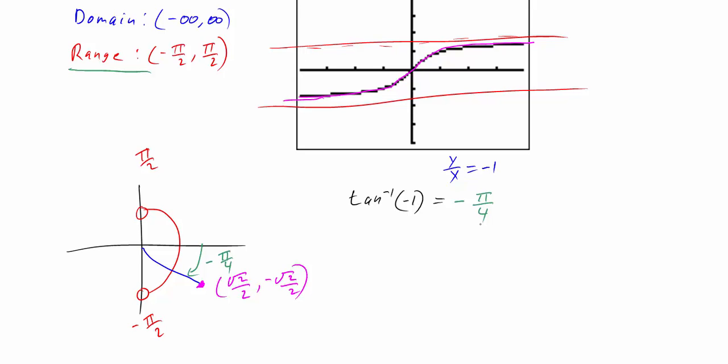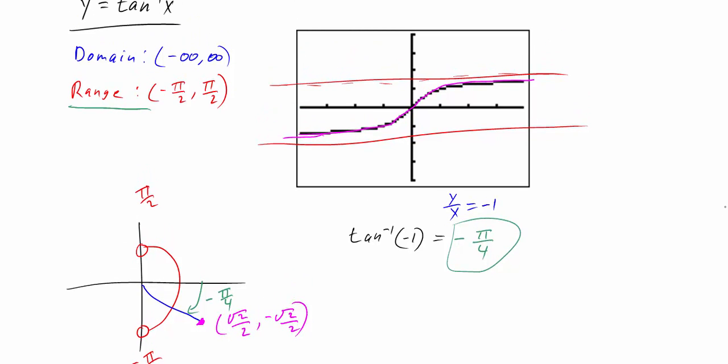Of course 7 pi over 4 would actually put us in the exact same location, but to fit within our range when using the inverse tangent, we're going to get out this answer of a negative pi over 4.